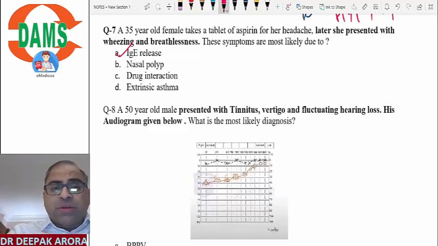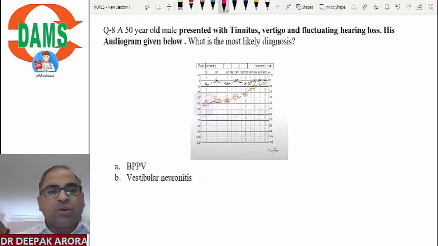Always remember. So answer is A option. Nasal polyps, with the patient having severe dyspnea after taking one medicine: we are talking about one triad, Samter's triad, that is sensitivity to aspirin. It is due to IgE release. Is it clear, beta?